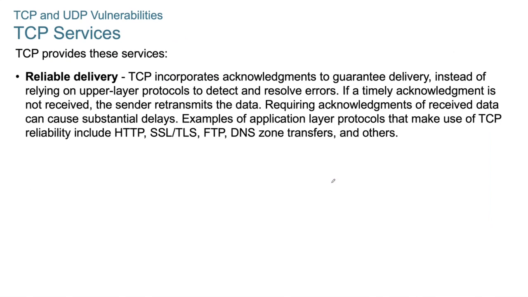TCP incorporates acknowledgement to guarantee whether the data is correctly delivered on the receiver side. What are examples of application layer protocols for which TCP provides the reliable connection?